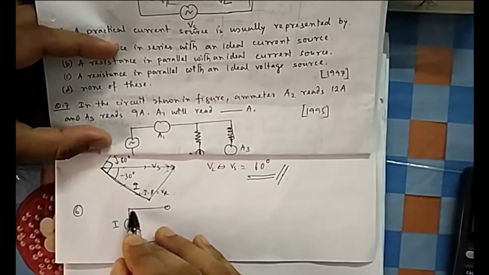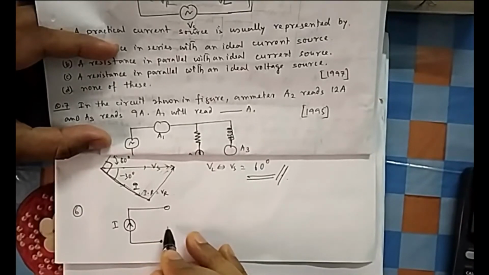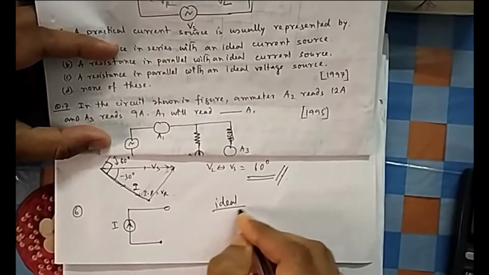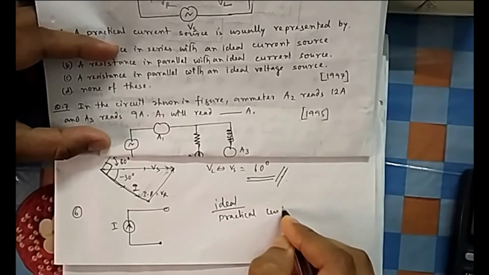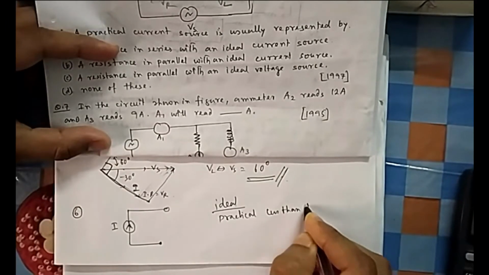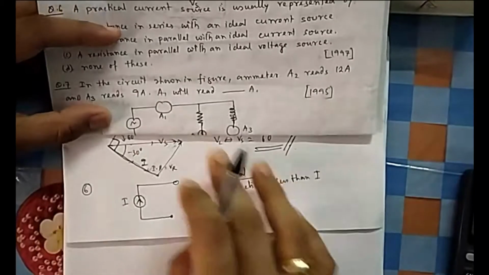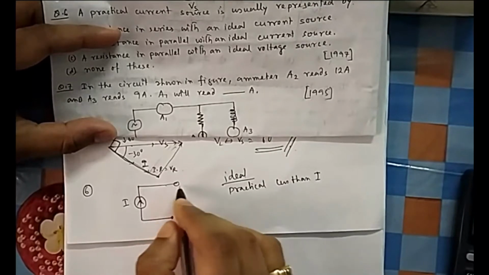That means the I that is flowing out of here, you are not getting the full I, because if you get the full I then it is the ideal case. But in practice how much will you get? You will get a little less than I, something less than I. So how do you include that less? That means the current which is supposed to come out here is not coming out here.